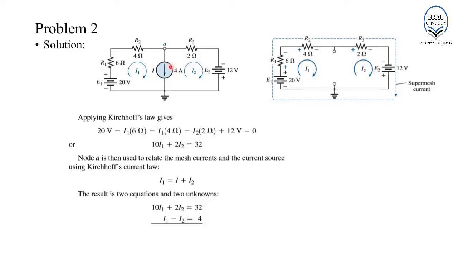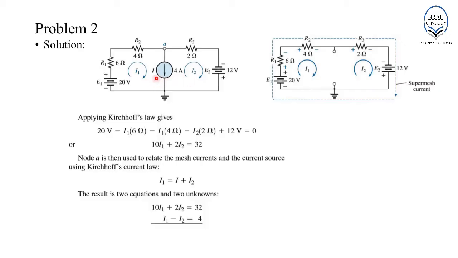The resultant current flowing through the current source must be equal to the difference of the currents I1 and I2. Now, the direction of the current I1 through the current source is downward and the direction of the current I2 through the current source is upward. The resultant current through the current source is downward, 4 ampere. Thus, we can assume that I1 is greater than I2.